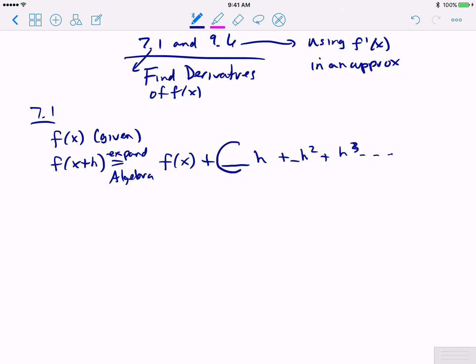And it's the expression in front of the h term that is important to you. This f prime of x, the function that's in front of the h, is called the derivative of the function f of x.